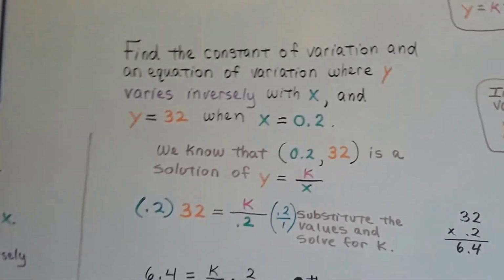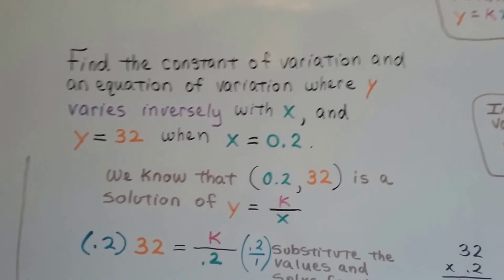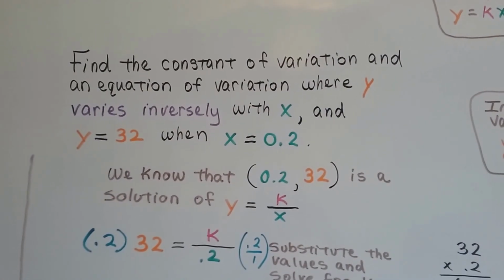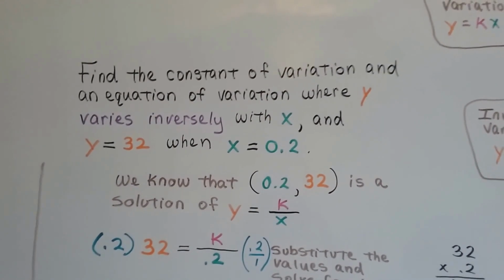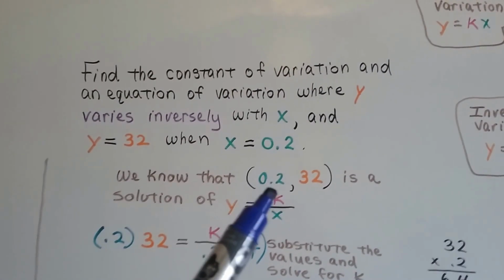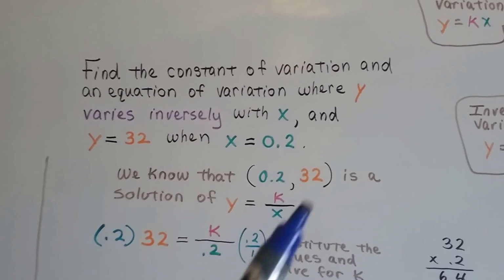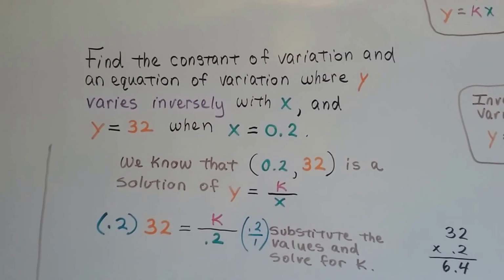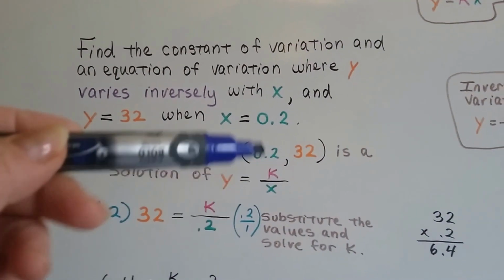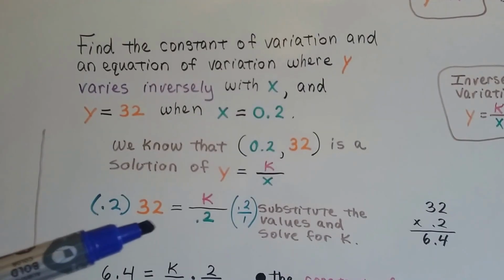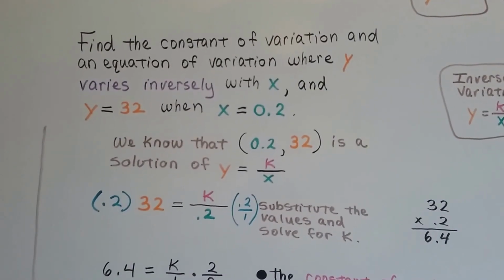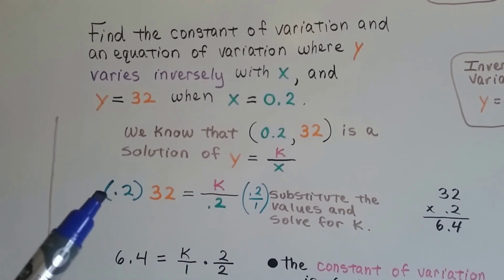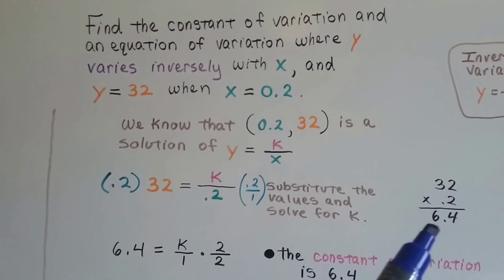We can find the constant of variation and an equation of variation where y varies inversely with x and y equals 32 when x equals 2/10. So we know that we have an ordered pair of 2/10 and 32 for x and y, and it's a solution for y equals k over x. We plug the values in, and we get 32 equals k divided by 2/10. We can multiply each side by 2/10, and we get 6.4.